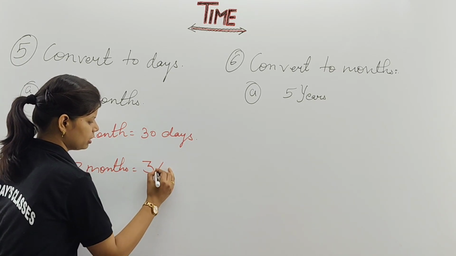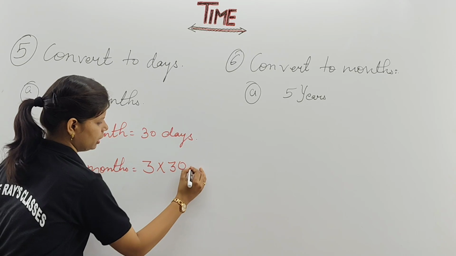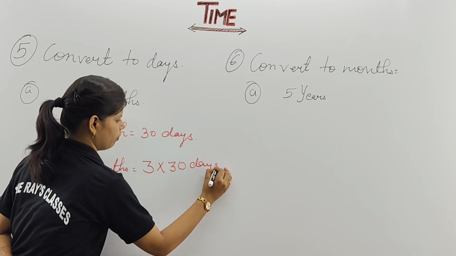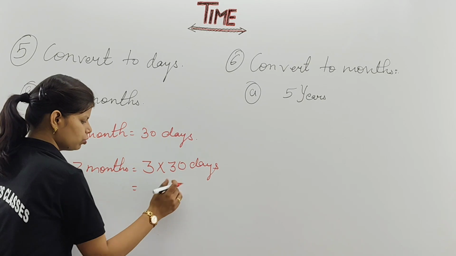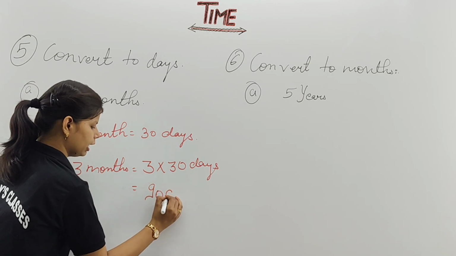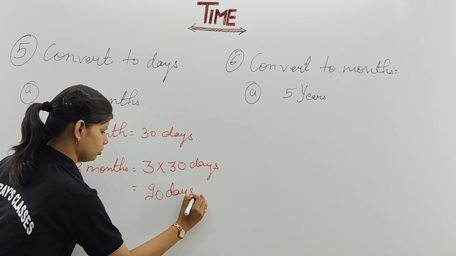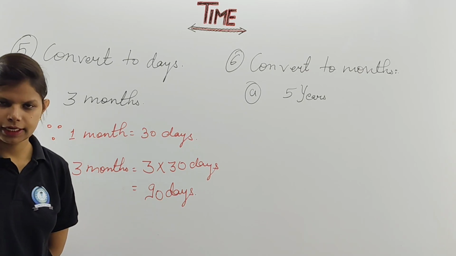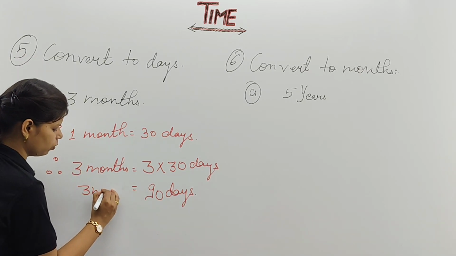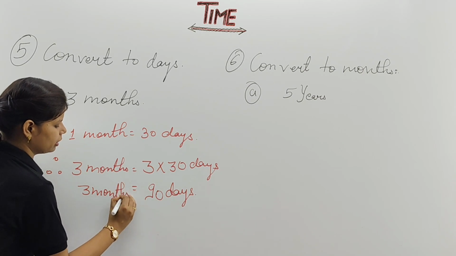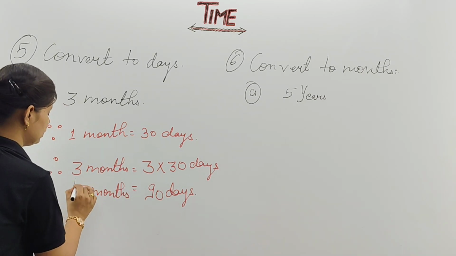Good. 3 multiplied by 30 days. And what answer are you having here? 3 3s are 9. And we are going to copy this 0 as such. 90 days. Clear? Understood? That means your 3 months will be equal to what? 90 days.